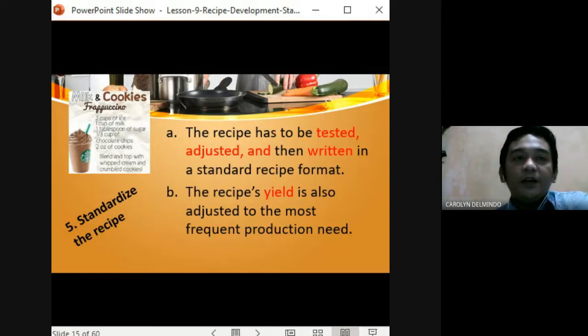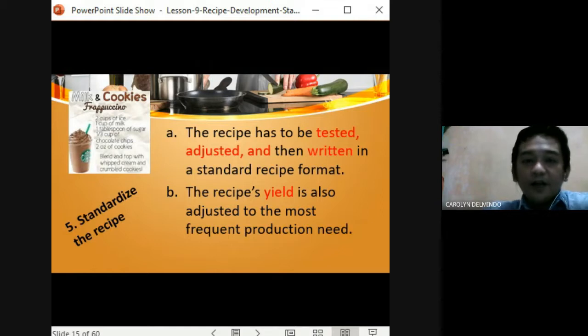Gravy has 10 grams per serving per piece of chicken. Their fries also have a certain weight before being served to the customer, whether dine-in or takeout. Also their other products.